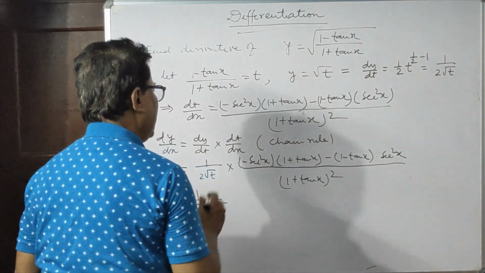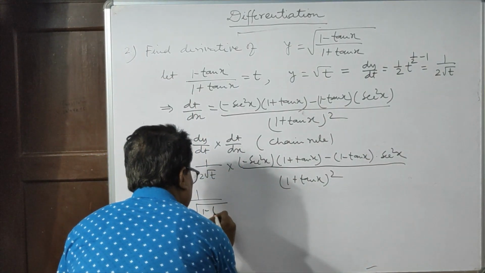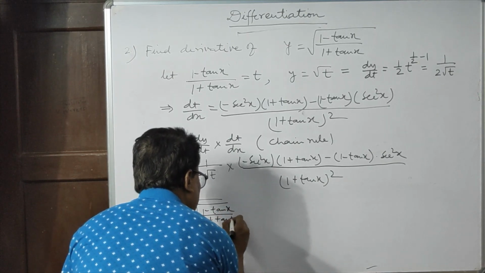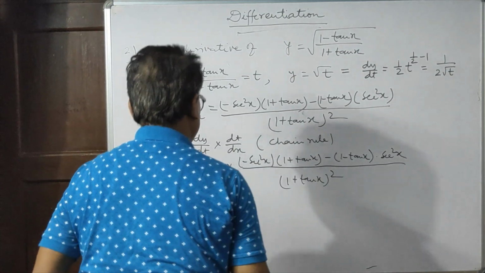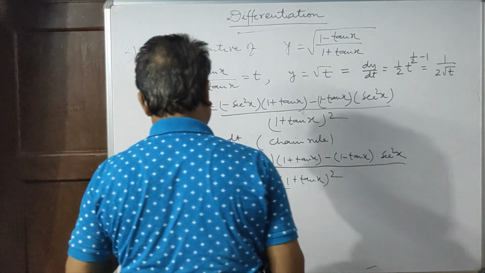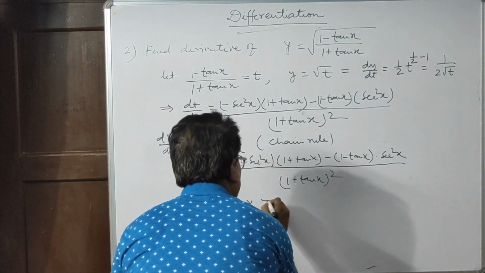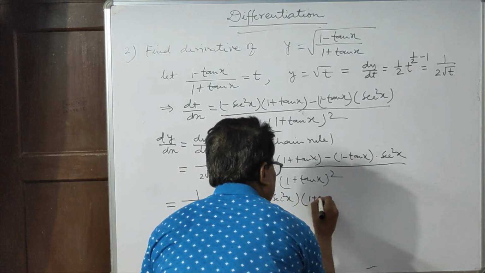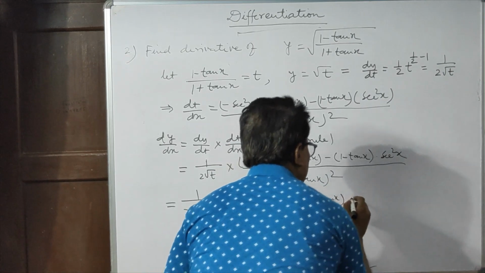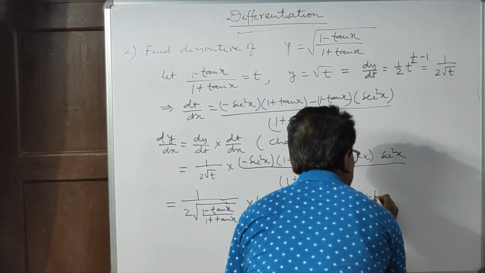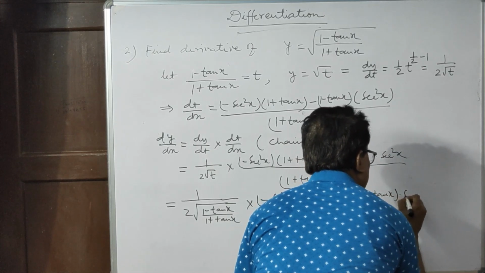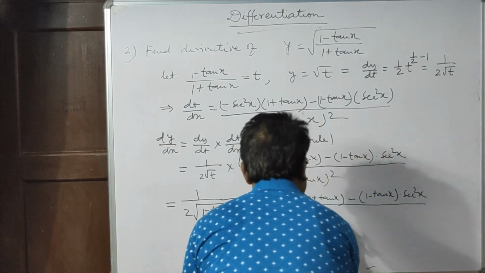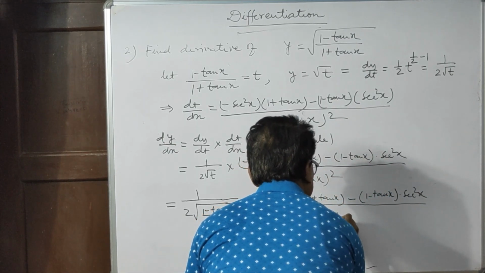So this will be 1 by 2 root of 1 minus tan x divided by 1 plus tan x, into minus sec squared x into 1 plus tan x minus 1 minus tan x into sec squared x, divided by 1 plus tan x whole square.